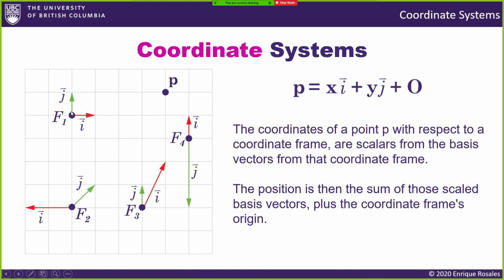The coordinate frame F1 has two basis vectors, i and j. The components of the coordinates of the point P are scalars of those basis vectors. So in the end, the position is the sum of the scaled versions of those basis vectors, plus the coordinate frame's origin.